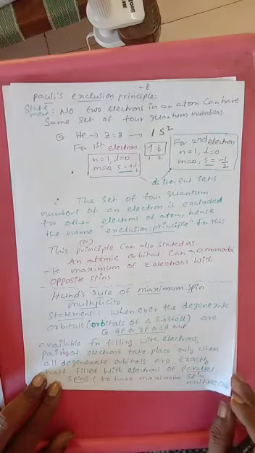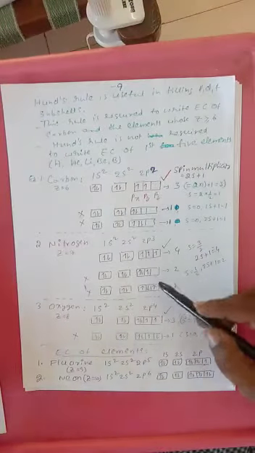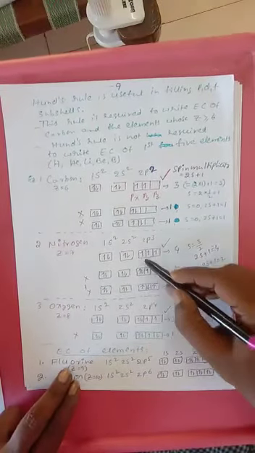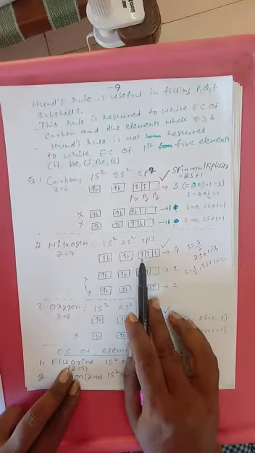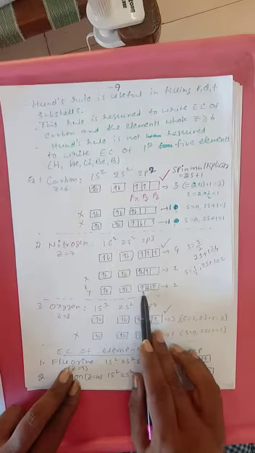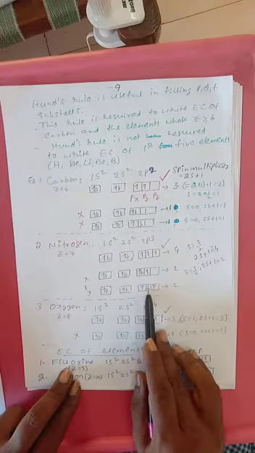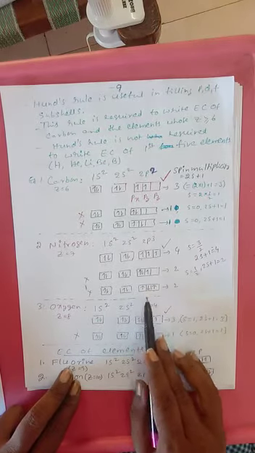Then only we get maximum spin multiplicity. Am I correct or not? So this is also wrong. This is also wrong. This is correct. To have maximum multiplicity, the unpaired electrons should have parallel spins. This one is anti-parallel spin, this is parallel to this and anti-parallel to this.